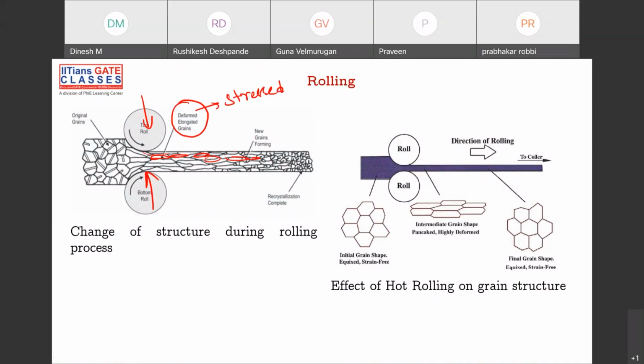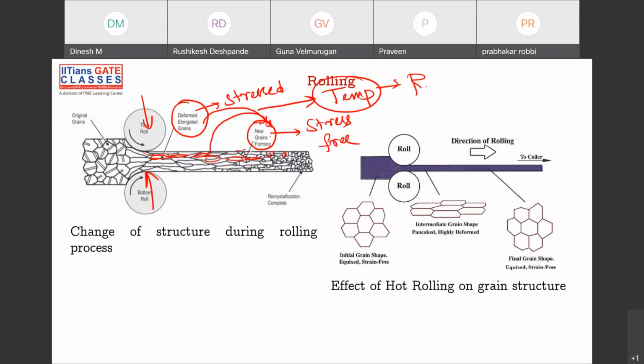As you keep on moving, new grains are formed. You see, new grains are formed, some small grains are formed. And the conversion of these old stressed grains to new grains, and these new grains are stress-free. And this conversion of old grains to new grains occurs at some temperature, and that temperature is known as recrystallization temperature.